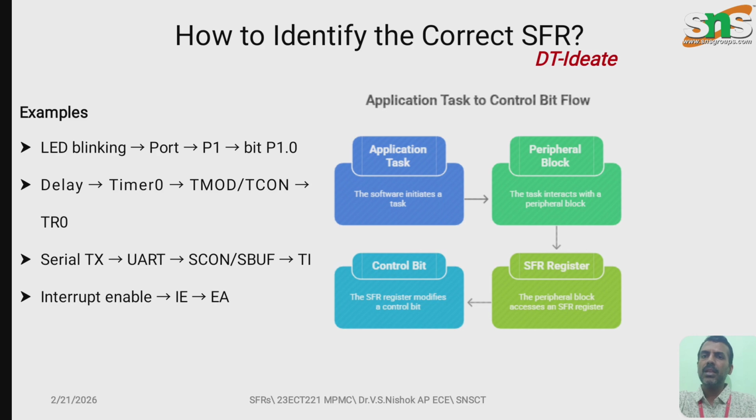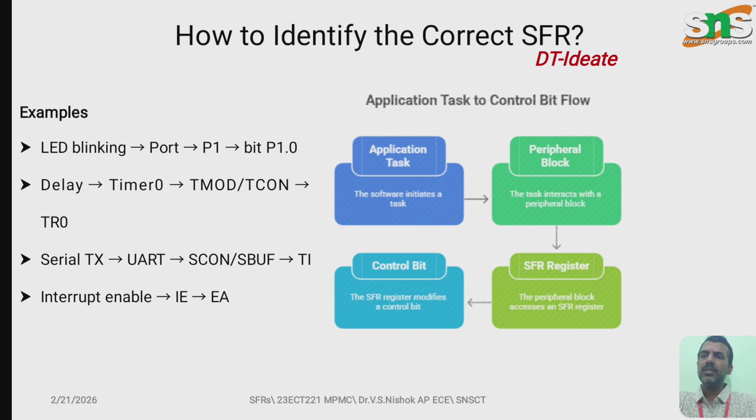Another example is delay creation, where we need to choose TR0 and TMOD. TMOD represents the timer mode selection, which selects the delay option, and TCON represents the timer control.